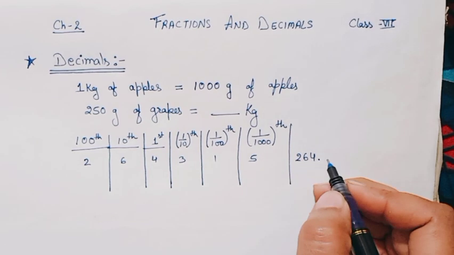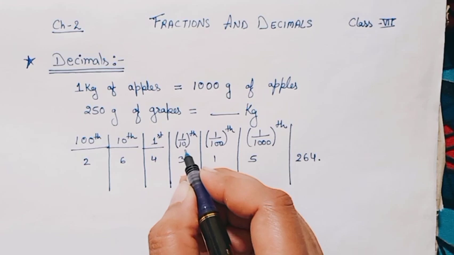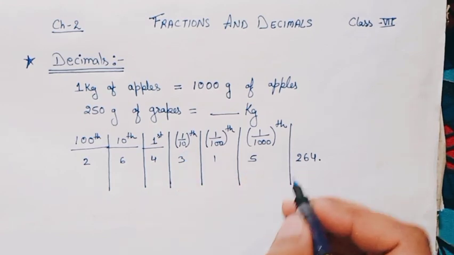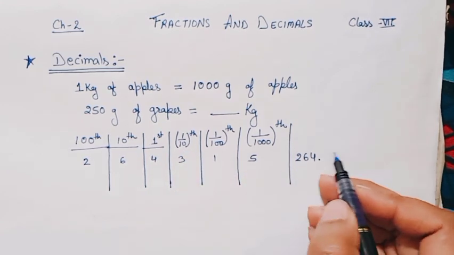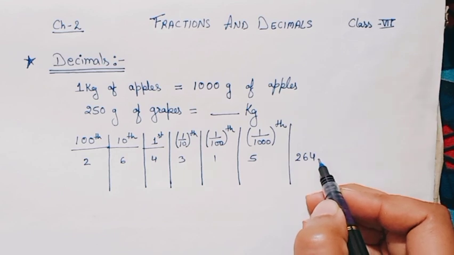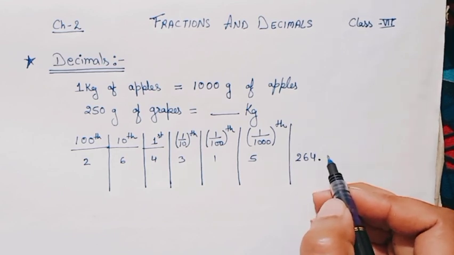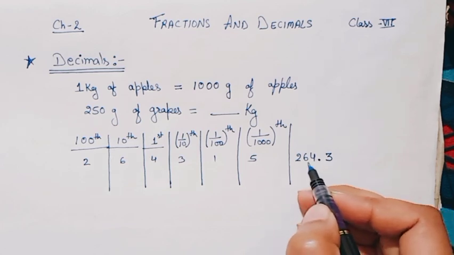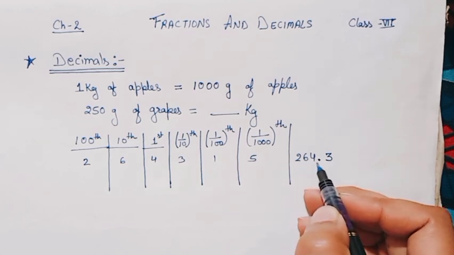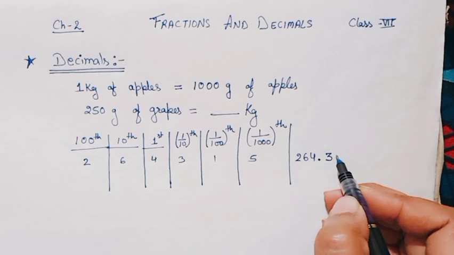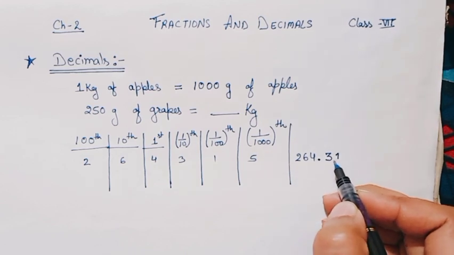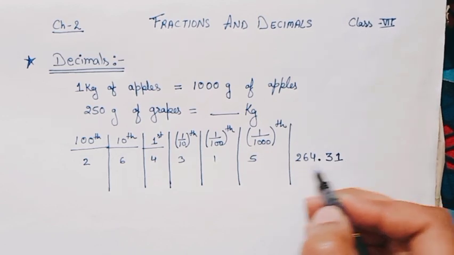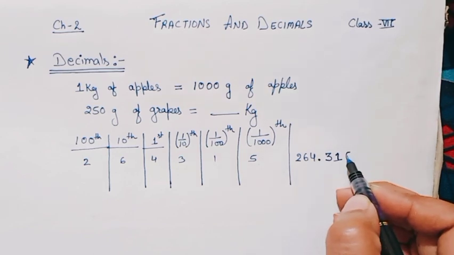After this, if some number is the 10th part of any given terms, that will be written after the decimal. You'll put a decimal symbol, that is a single point, and then write the number 3. It is 264.3. Then at the 100th position we will write 1, and then at the 1000th position we will write 5.